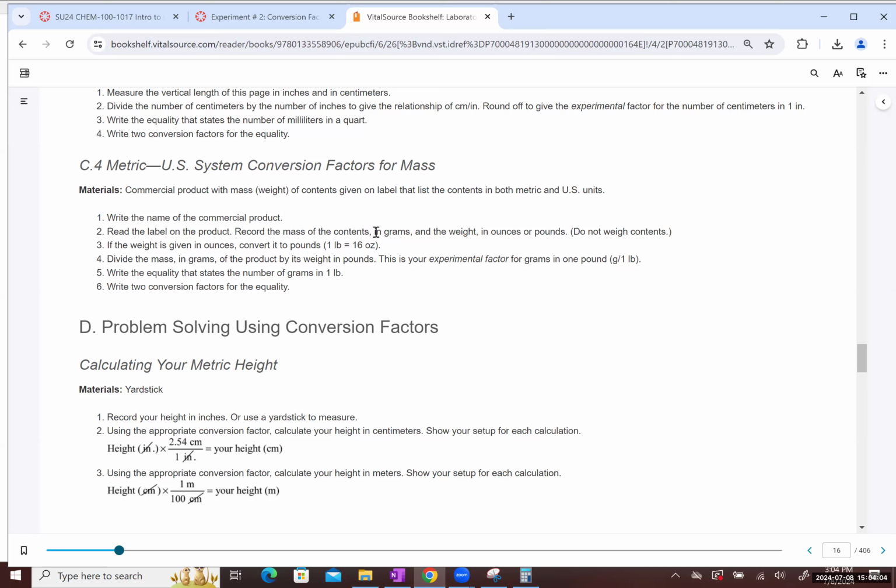We're going to record the mass of the content in grams and the weight in ounces or pounds. If the weight is given in ounces, convert it to pounds. And then we're going to divide the mass in grams by the product weight in pounds. This will give us an experimental factor for grams in 1 pound. We're then going to write an equality that states the number of grams in 1 pound, and we're going to write 2 conversion factors.